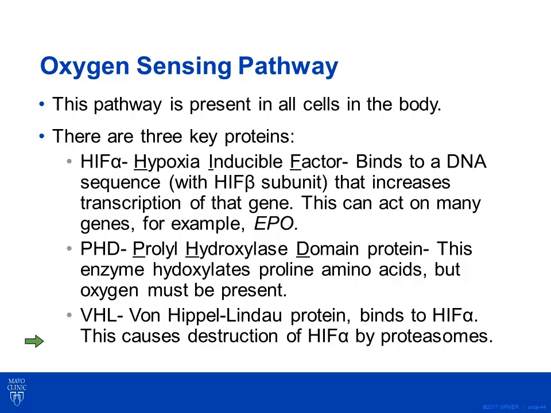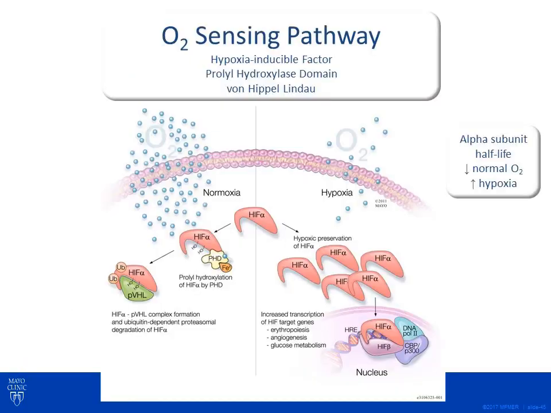It hydroxylates proline amino acids. Importantly, though, oxygen must be present for this to occur. And the final protein is the von Hippel-Lindau protein, which binds to the HIF-alpha. And if it successfully does this, it causes destruction of the HIF-alpha by proteasomes.